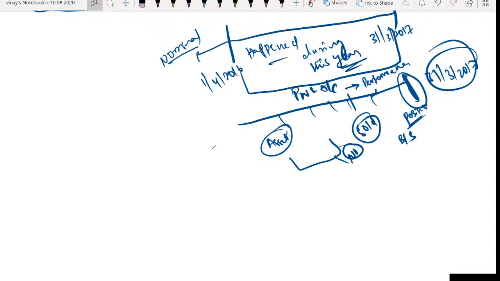That's what my periodicity concept says. And it not only talks about the profit and loss account. While I'm recording, I will record every transaction as per the periodicity concept.